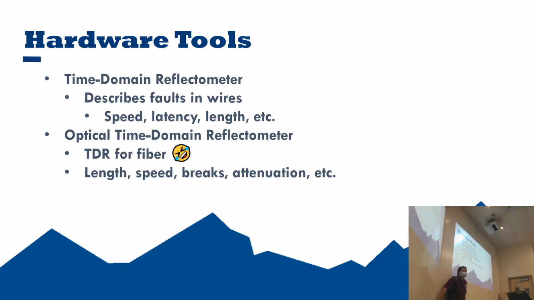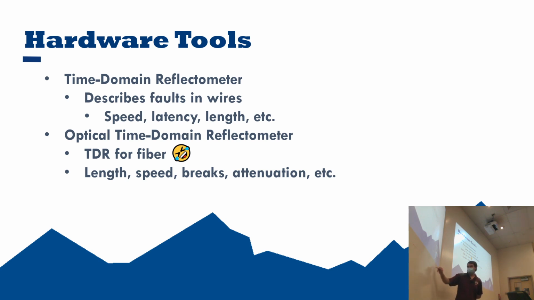Now, is it going to get it down to the exact foot, the exact inch, the exact 32nd of an inch? Of course not. It's going to give you a really good idea, though. So in this context, you've got 7 miles of fiber run. Let's just use this as an example. You've got a break right here.